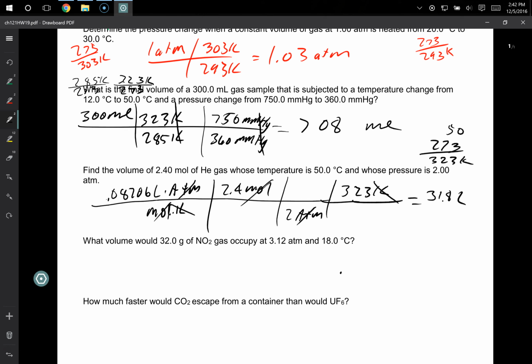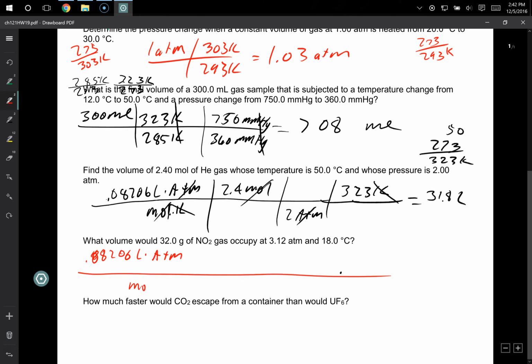So in this case, I'm looking for volume, so I'm going to set this up the same way that I had before. So 0.08206 liter atmospheres per mole Kelvin, and I need to get rid of everything except for the liters. So I'm going to put the pressure in atm on the bottom.